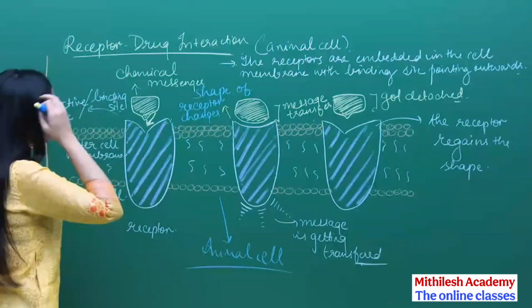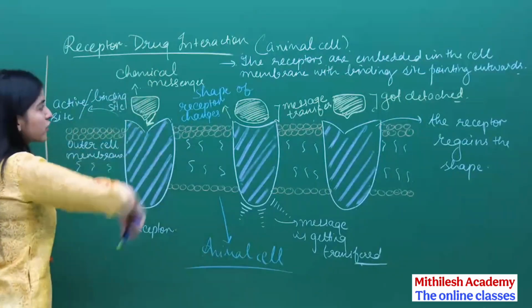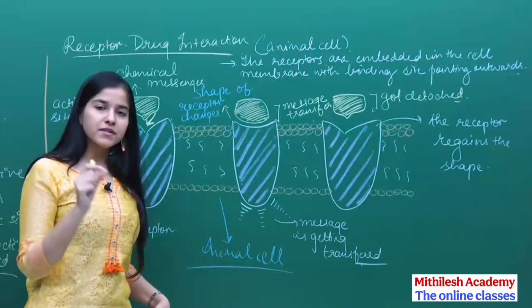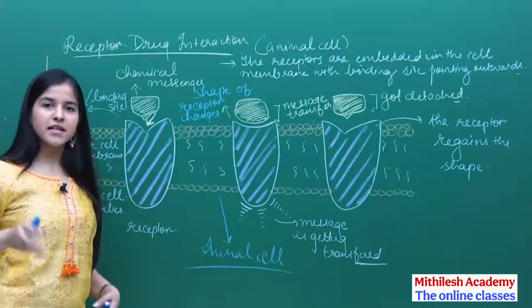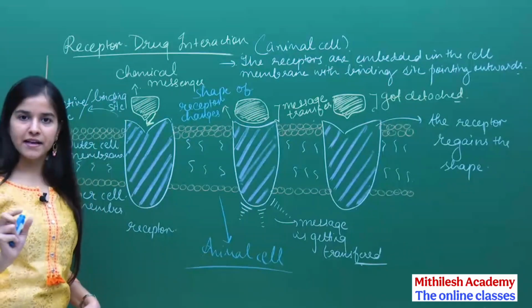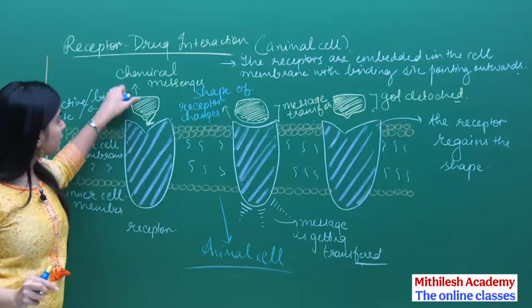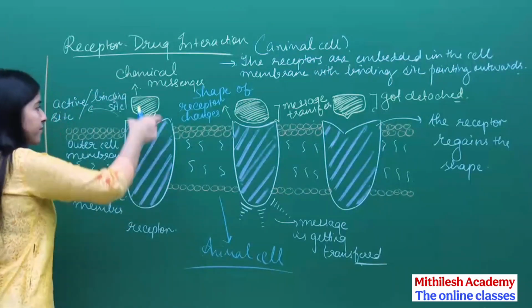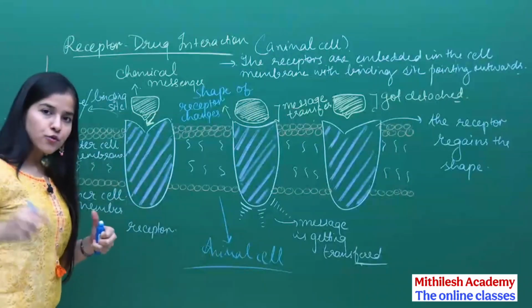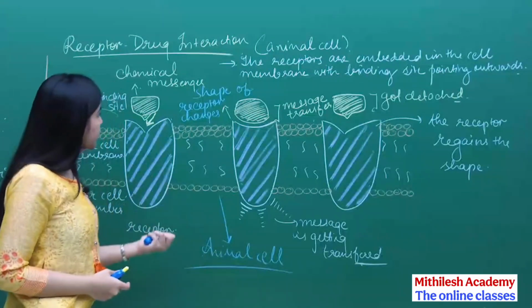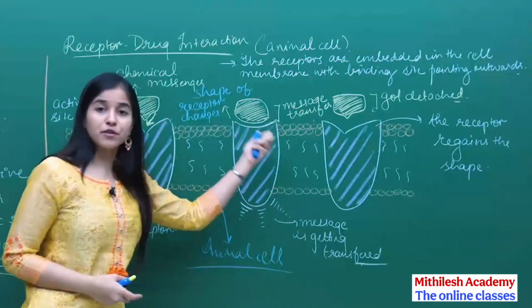So here, whenever it is going to transfer the message onto the muscles, that means the cells, the very basic unit, the information is transferred to the cell, to the core. So first the chemical messenger came and tried to bind with the active site. When it tried to bind the active site, the shape of the receptor changed.